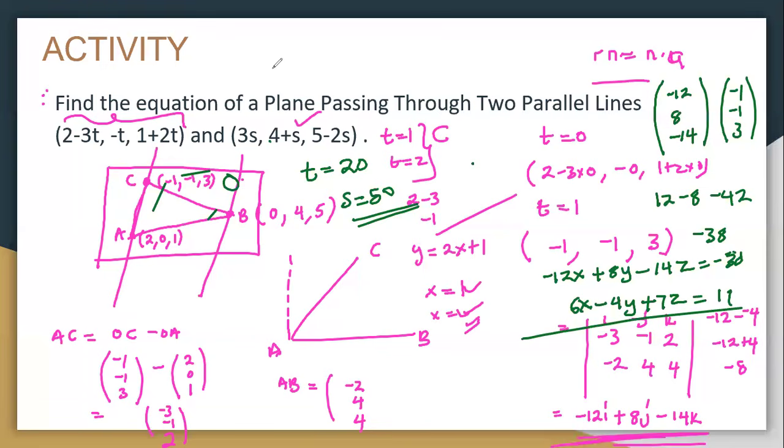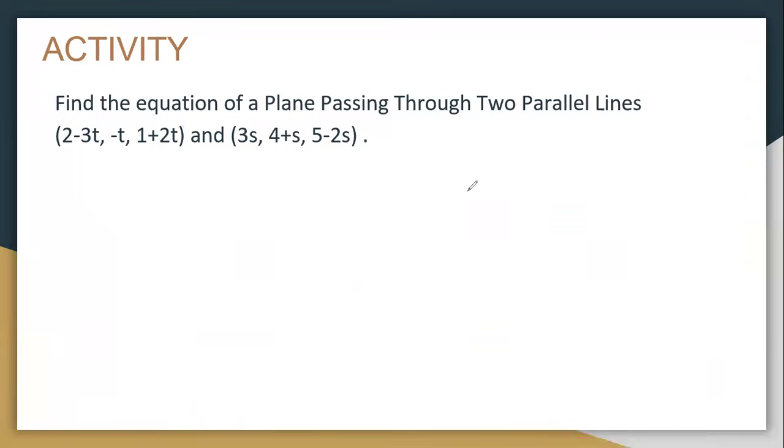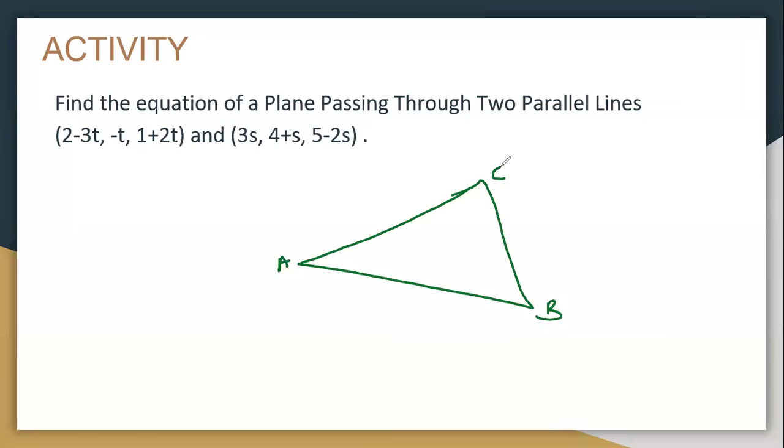Okay. Now, this third method, members, it is the same method. You remember when we looked at finding the equation of a plane when we are given 3 points. This is the method I'm talking about. So the equation of two parallel lines is related to what you do when you have 3 points on a plane. That was the second thing we looked at. So you can first revisit how we did it.